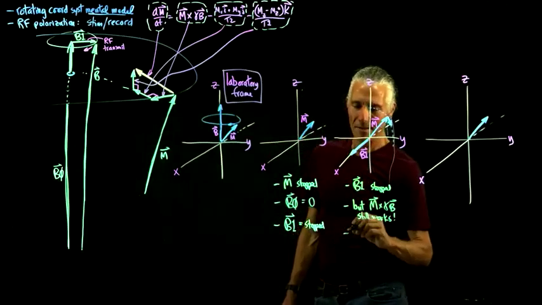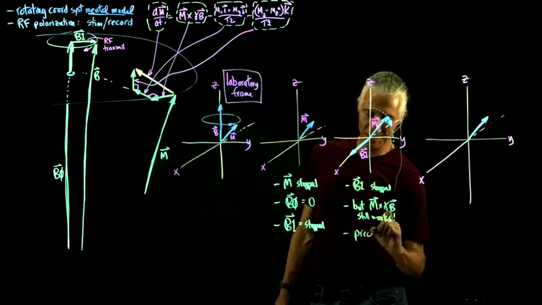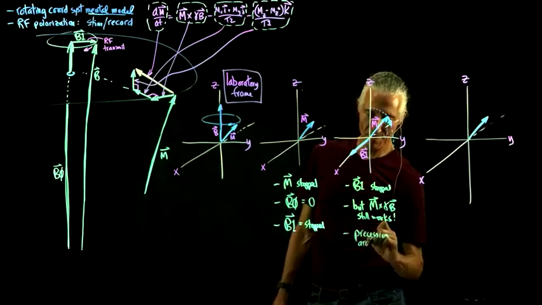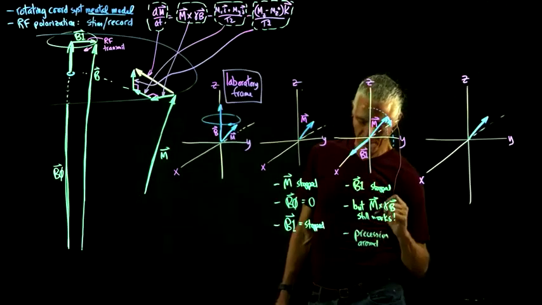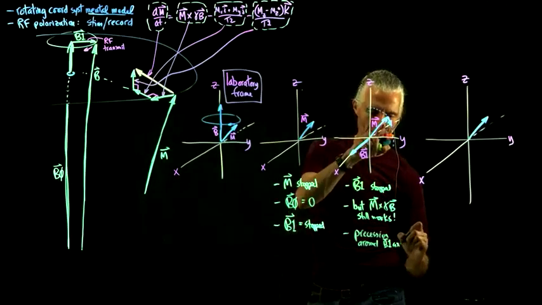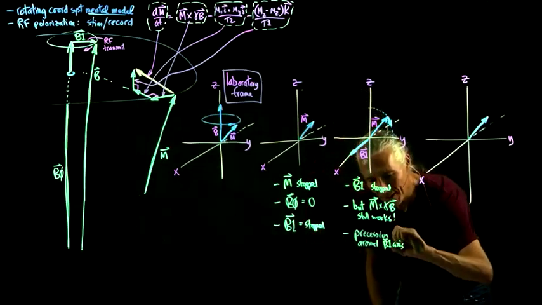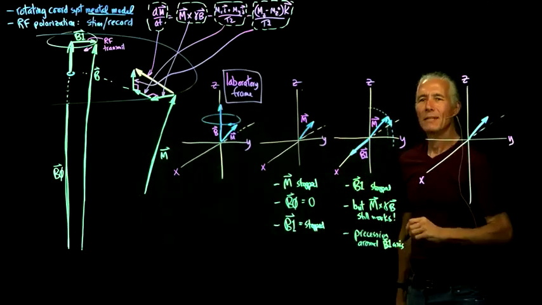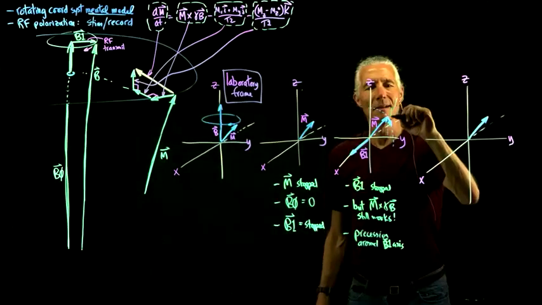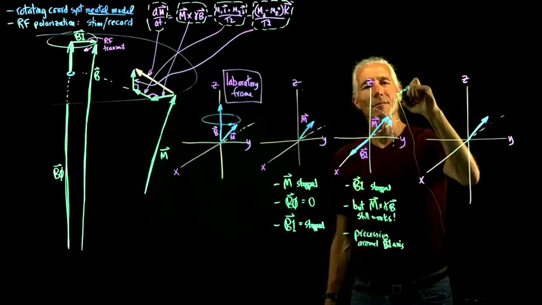And so what does it do? It causes precession around the B1 axis. That's what this is, what I drew there. So instead of precessing around the B0 axis, this is precessing around B1.